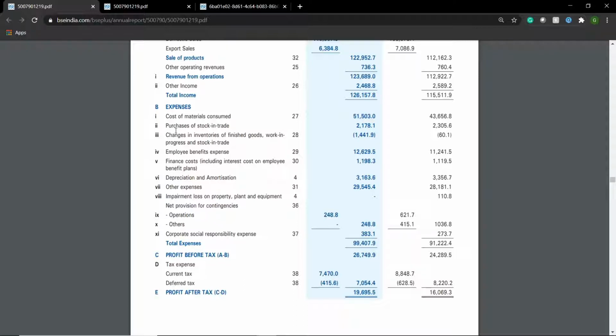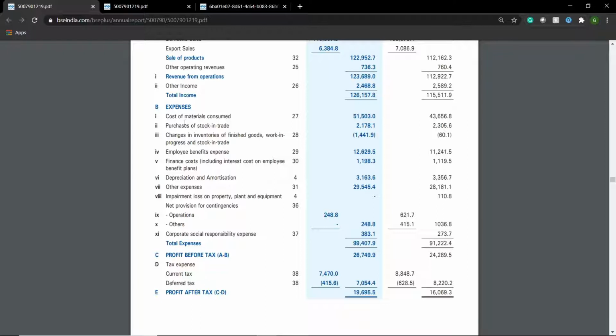Then the next expense which they have shown is from purchases of stock in trade. So this is a new term which I didn't cover in the previous video. And this means that whenever a company manufactures its products, actually it doesn't manufacture all of the products by itself.